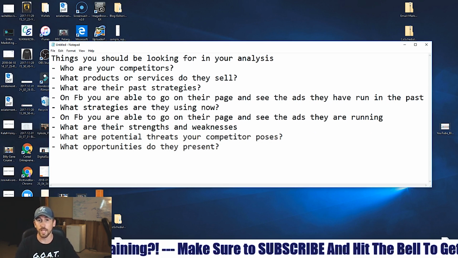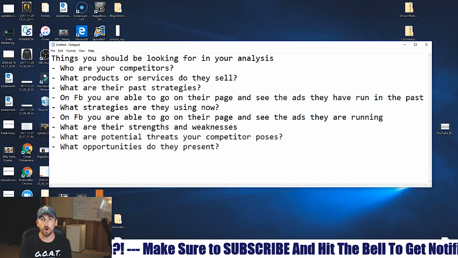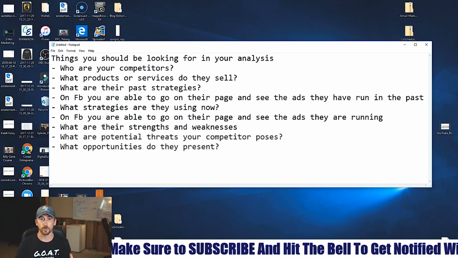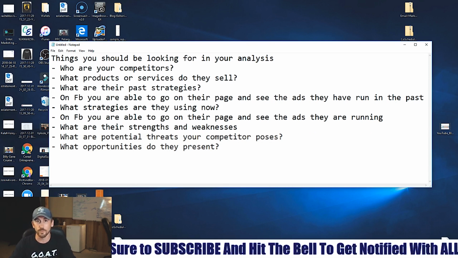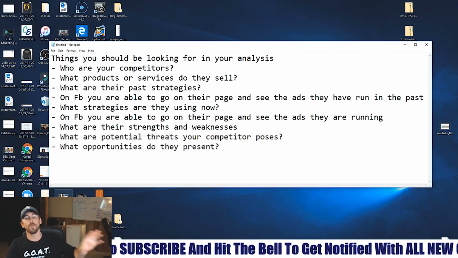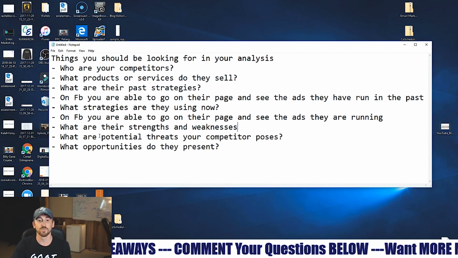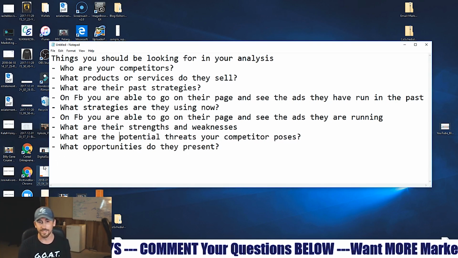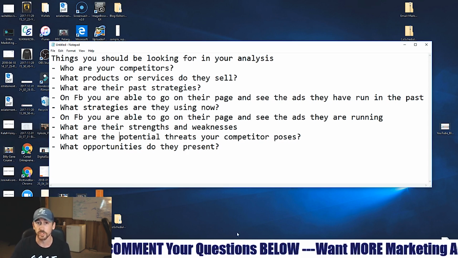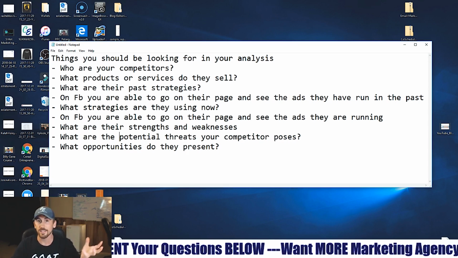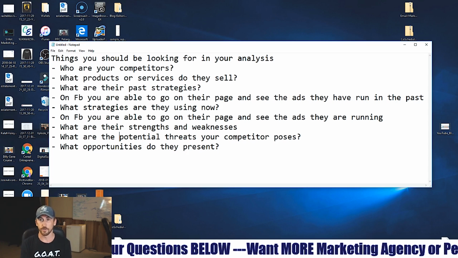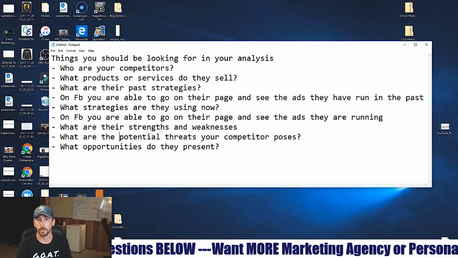Another great question is, what are their strengths and weaknesses? So performing a SWOT analysis on all of your competitors is going to be a great thing for you to do because it gives you an idea of what they're doing great, what they're not doing great, so you know what to do and what to avoid, right? Next is, what are the potential threats that your competitor poses, right? Do they have a larger ad spend, a larger audience? Do they have a better product than you do or a better service than you do?